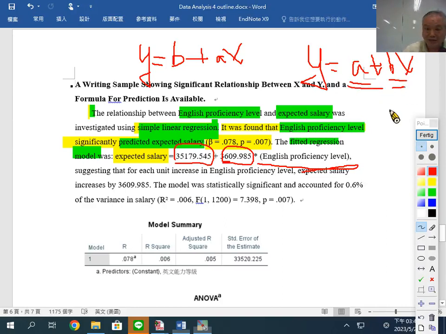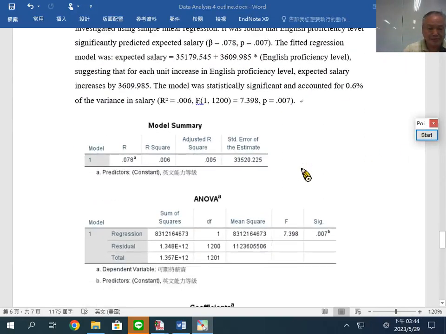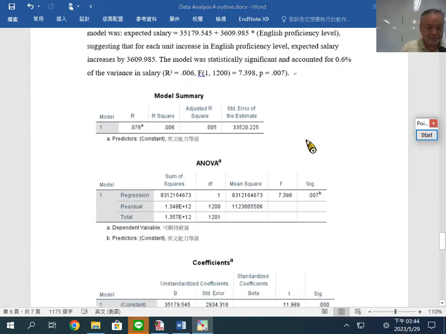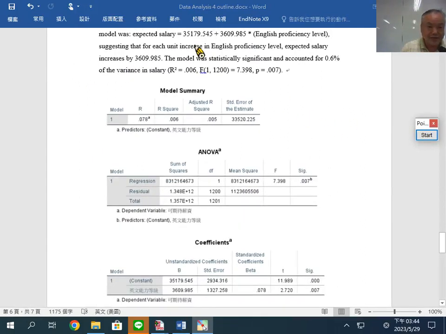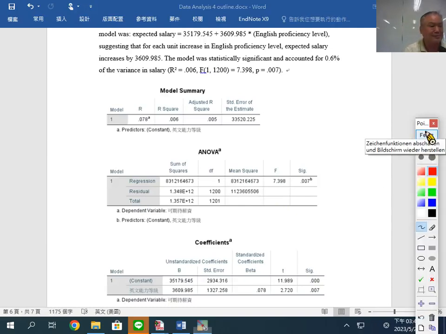Constant, coefficient. So now I want to compare the number. So let's move down a little bit. So we have 35179 as a constant. We have a 3607, 09, sorry, 09 as the coefficient, right? Where are the numbers? So look here. We have the number over here, right? This one.